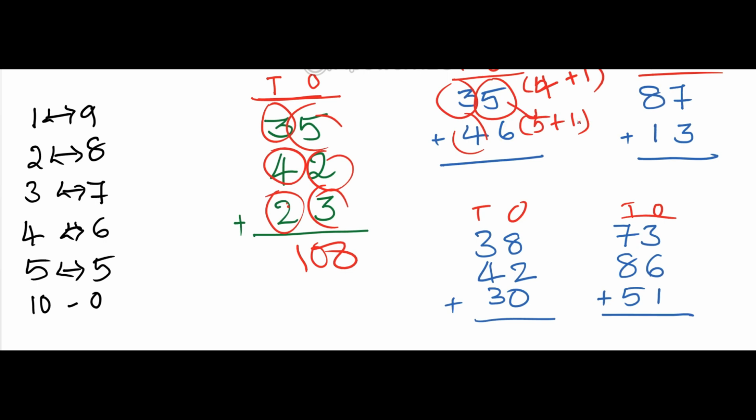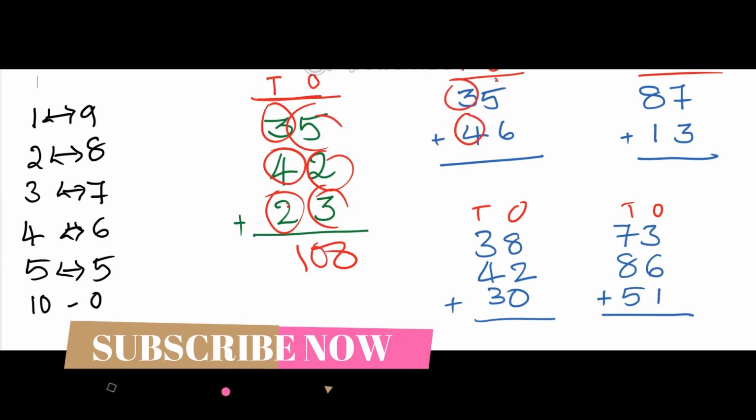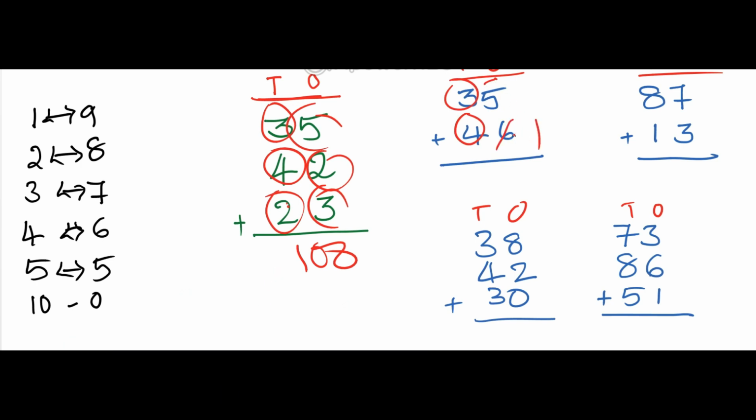What is remaining? 1. So, 40, 70, 80, 81. Okay, don't get confused. See, 40, 70. See, I am making 10. So, this is 80, 81.